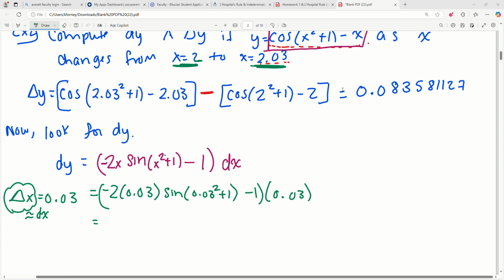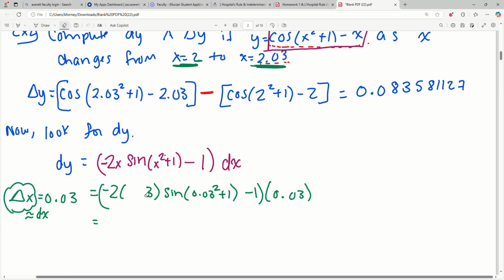I did something wrong. Did I put a negative 2? What did I do?